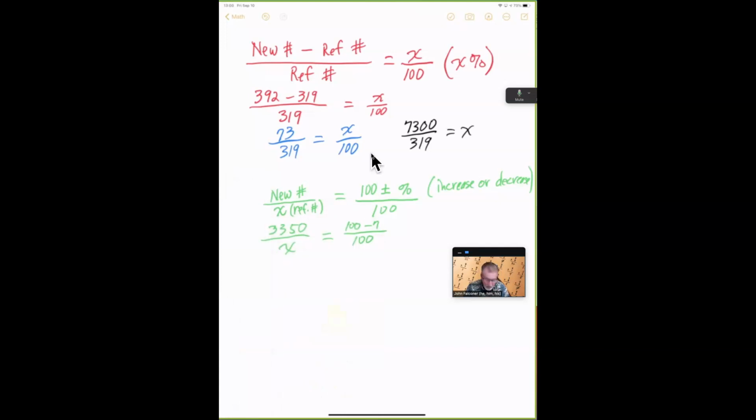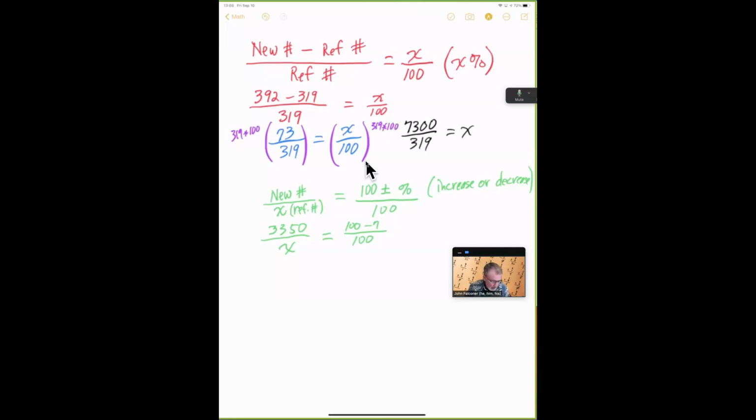So anyway, let's go ahead and clear them. We're going to multiply both sides by the product of these two numbers, and we'll just write these numbers out as 319 times 100. So 319 times 100, and over here 319 times 100.